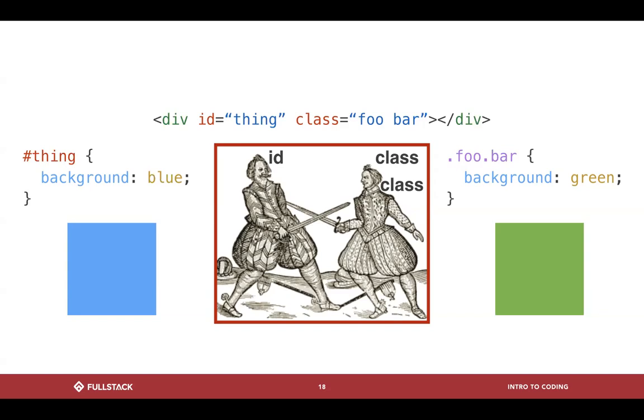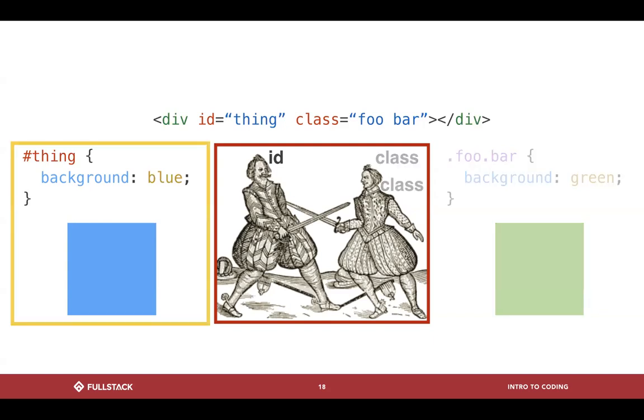If you think about the English word specific, the ID, the singular instance, is more specific than a group or a collection of elements with a class on it. And so that's why IDs take precedence over classes.